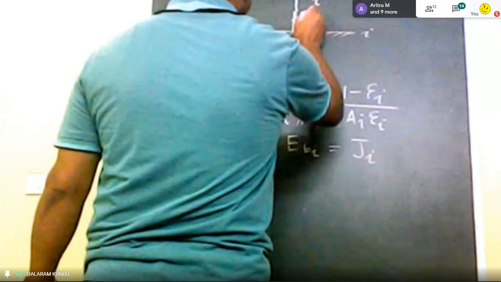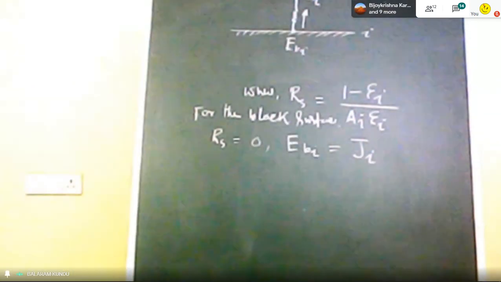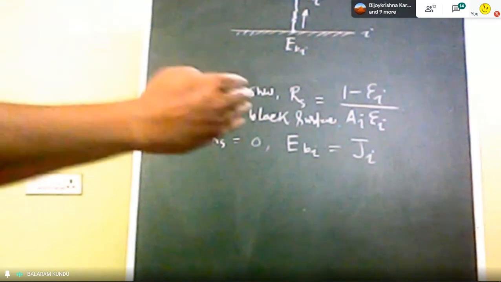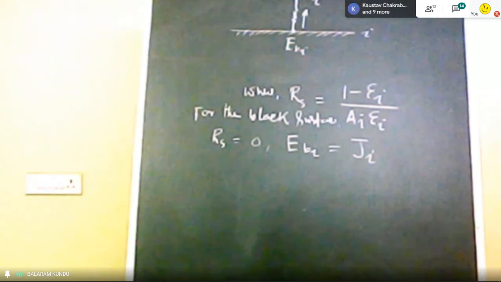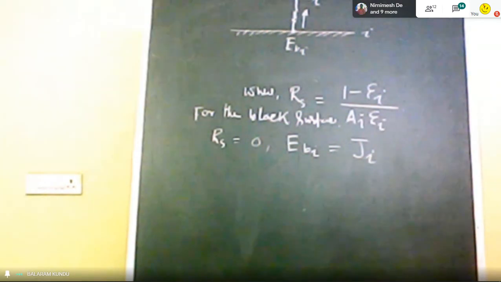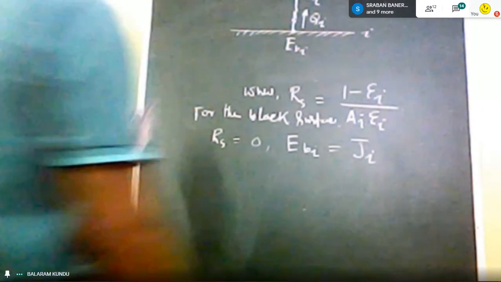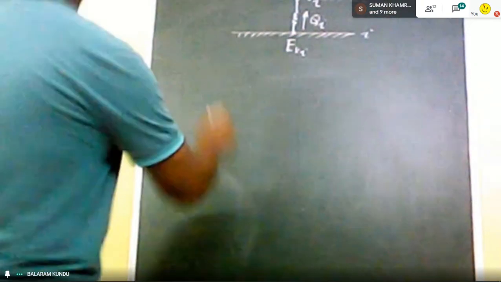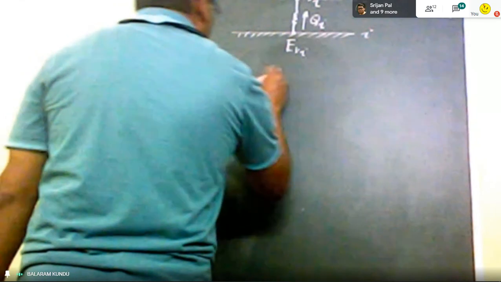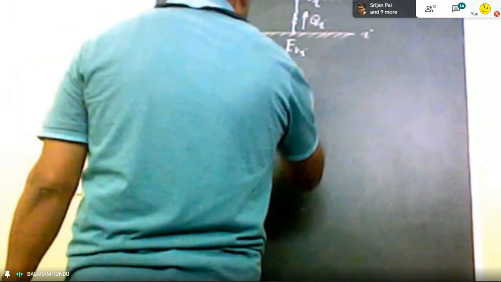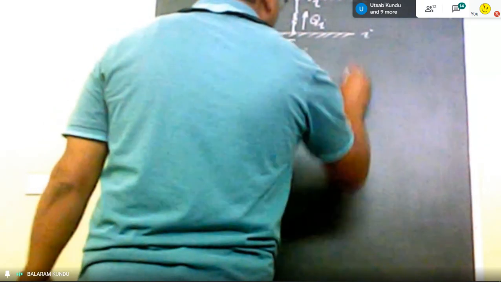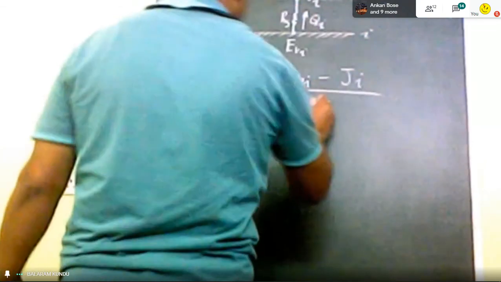In the arrow direction, we have to determine the net rate of radiation energy leaving surface i, say Qi. From the electrical analogy or network system, Qi should be equal to Ebi, the emissive power of a black body, minus Ji, divided by the surface resistance, say Rs.